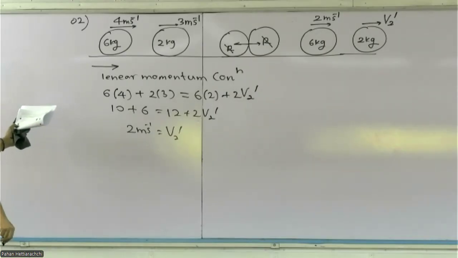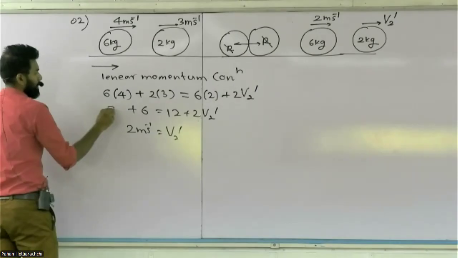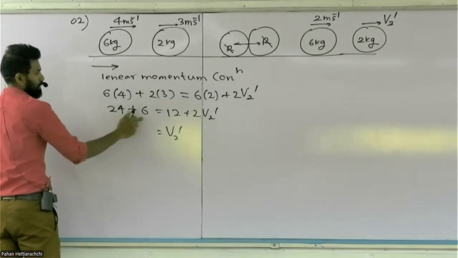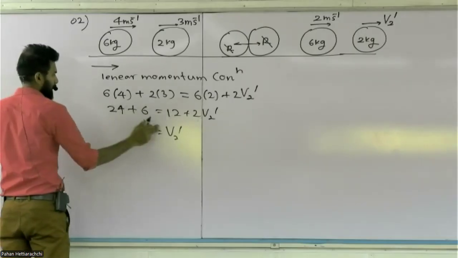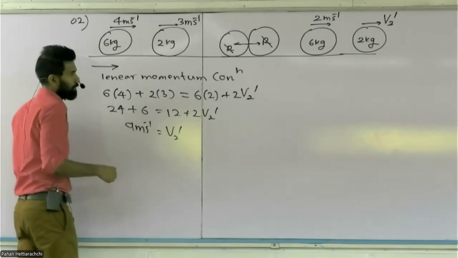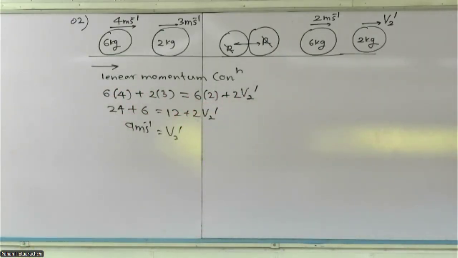And what is the velocity of B? 6 into 4, 2 into 3. Here, 6 into 4 is 24. 30, 30, 18, 9. I got the answer, 9 meters per second. Okay, move to the third one.